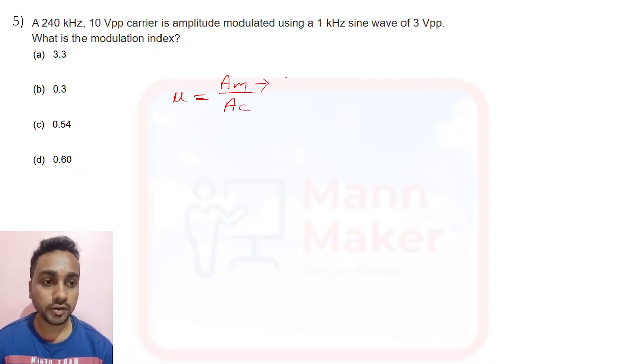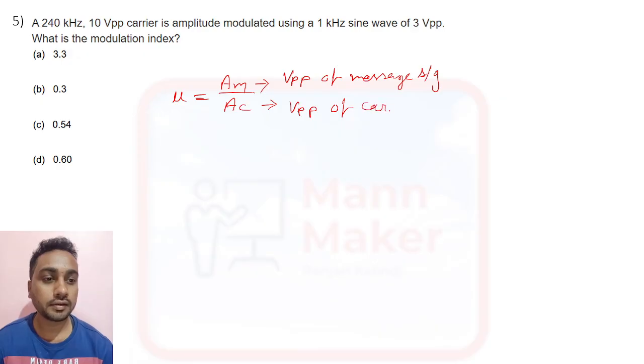Am is the peak to peak voltage, that is VPP, of the message signal. Okay. And Ac is again the peak to peak voltage of the carrier signal. Okay. So here we have a 10 VPP carrier signal.